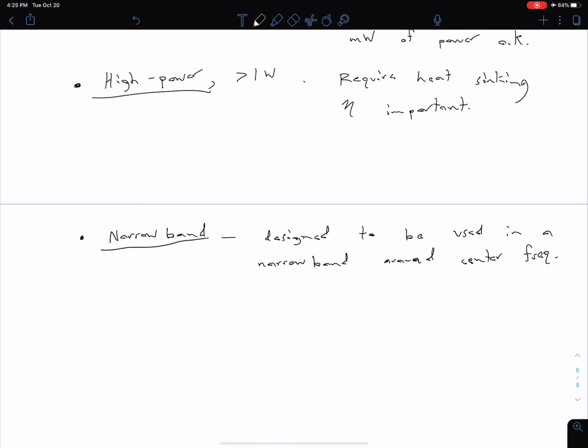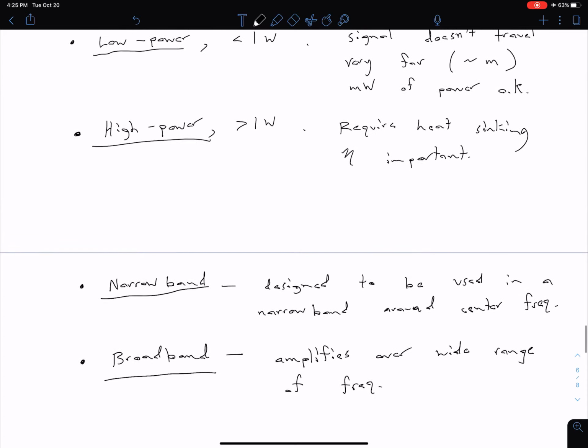And so again, depending on the application, that might or might not be useful. The dual of that is if we have a broadband amplifier, and so that just means we're transmitting over a wider range of frequency. So it amplifies over a wide or broad range of frequencies.